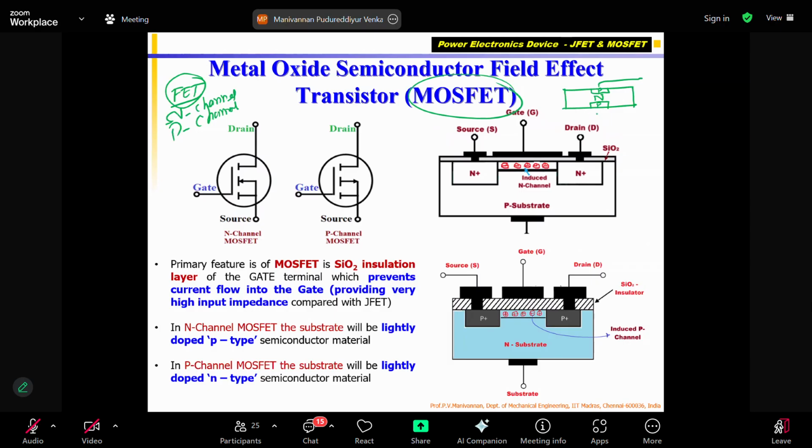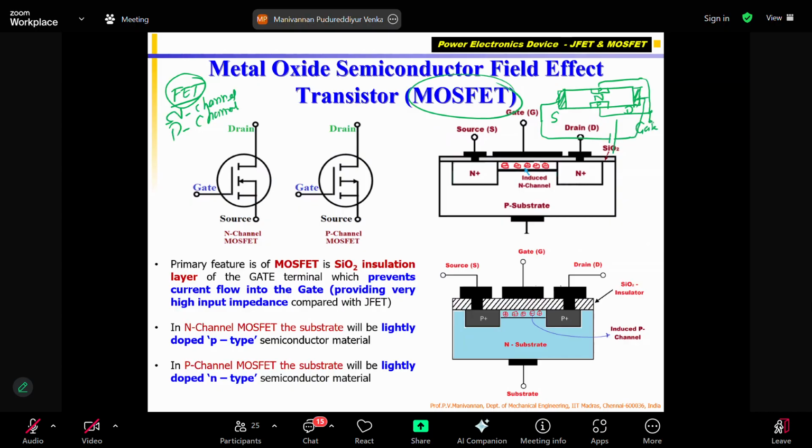These two are shorted together. I am talking about the cut section. This is called the gate terminal. Then at one end I put a metal deposition. This also is a metal deposition. This is called the source. This is called the drain. Across this we supply a voltage.